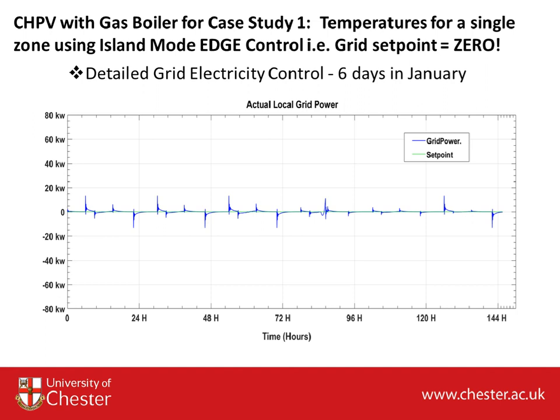Another aspect of the multivariable control is we could set a set point for the national grid. And the way we can do that is if we want to operate in island mode, that is, we set the grid set point to 0. That is, we don't take any power or export any power to the national grid. Then we would want a 0 power flow at the edge.